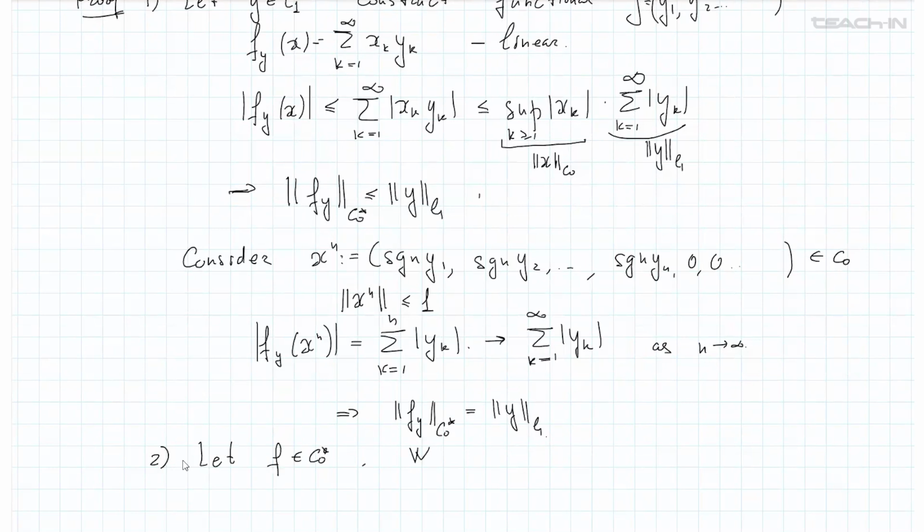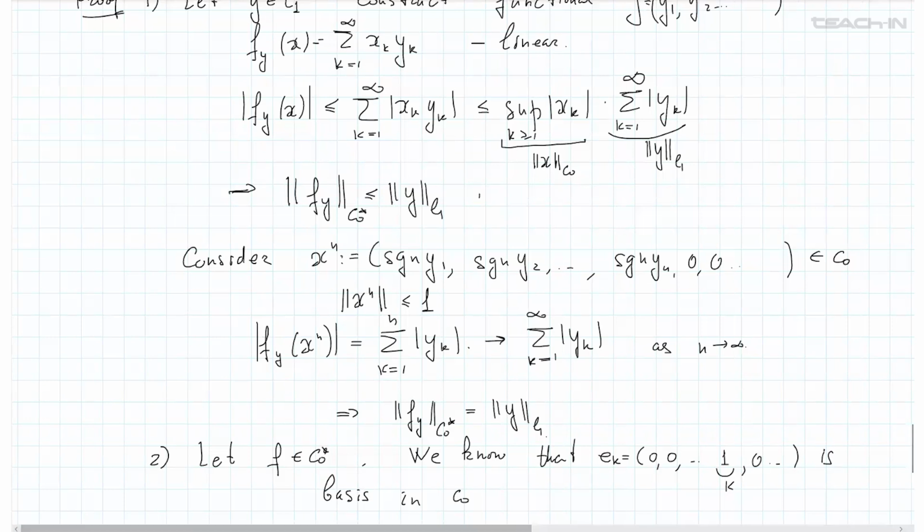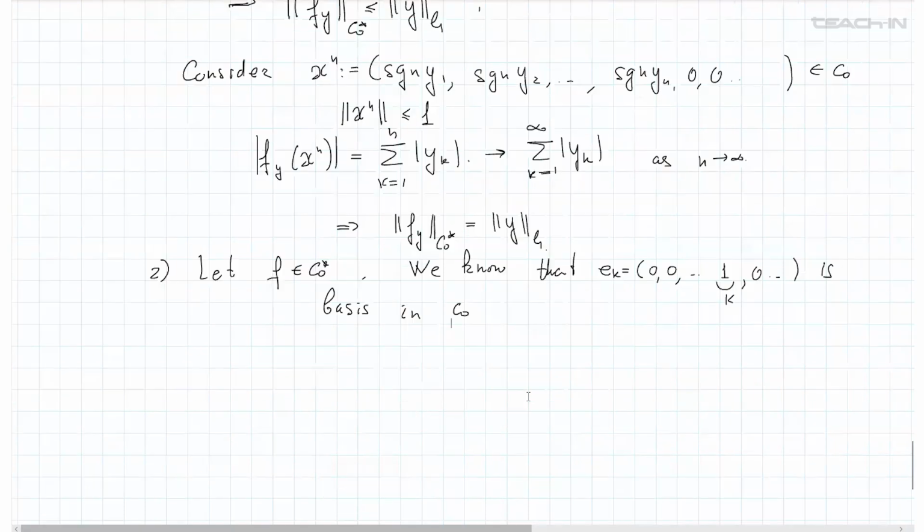We know that such vectors, 0, 0, and in the k-th place 1, then 0, form a basis in c_0. We have such a task and we solved it.